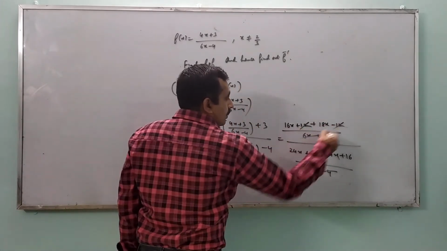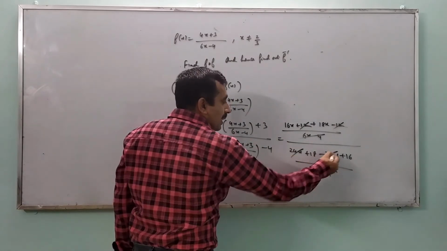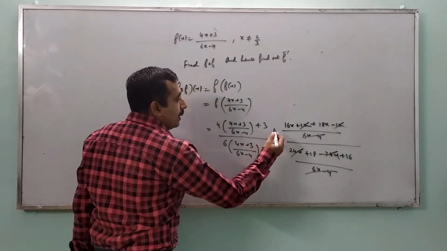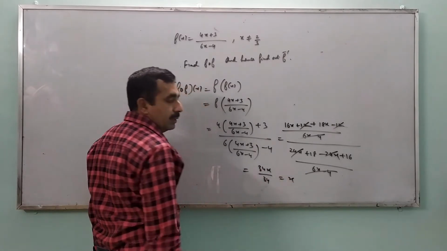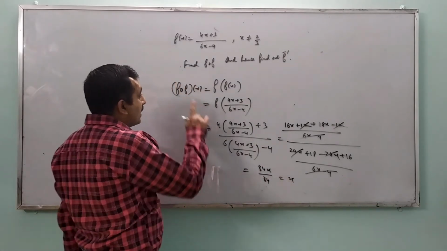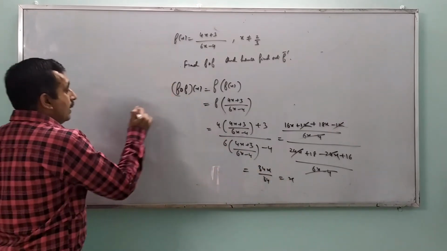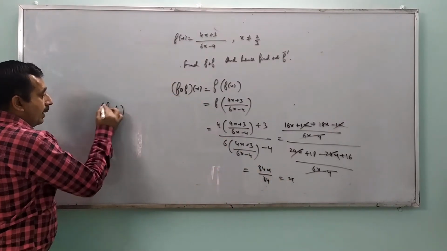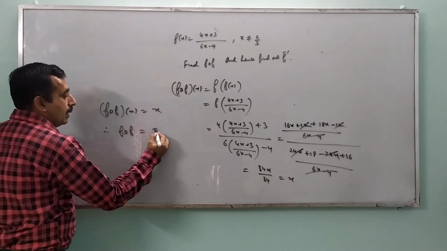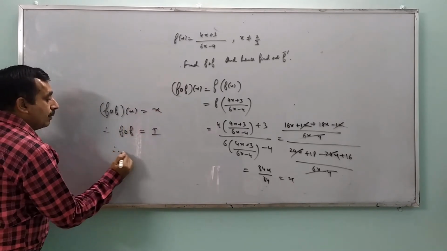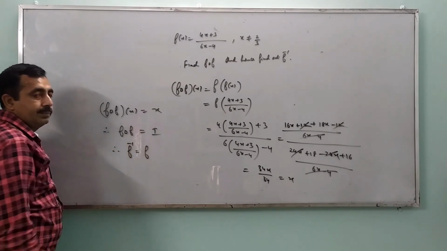The 12 cancels, the 24x cancels, and I get 34x divided by 34, in the end x. It means its answer is x. And when f of f of x is x, therefore f of f is I. And when it is I, therefore f inverse is f.